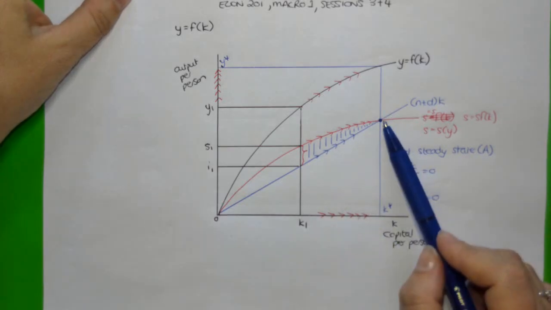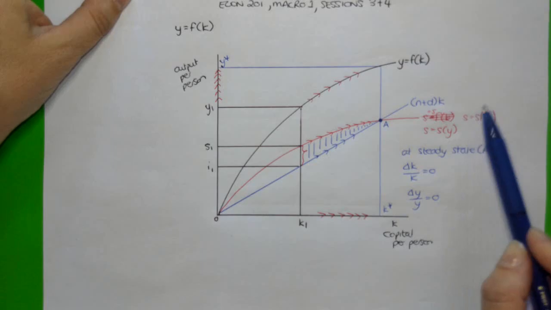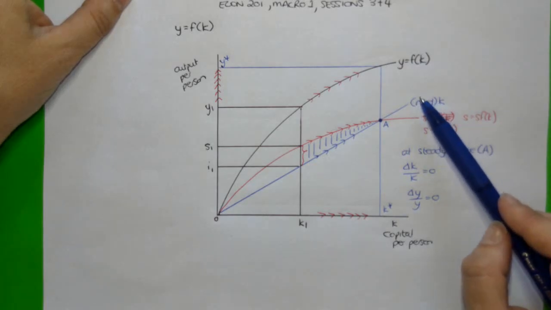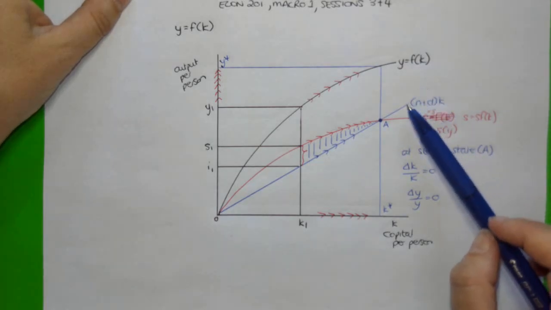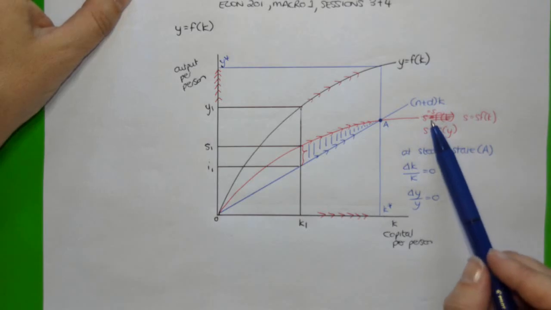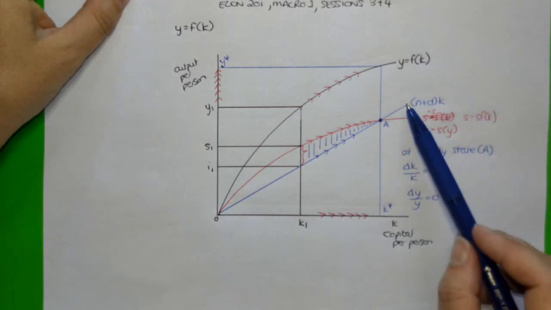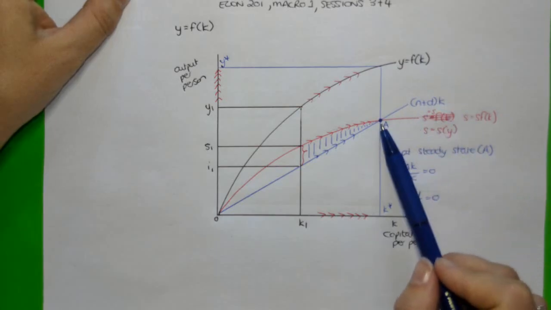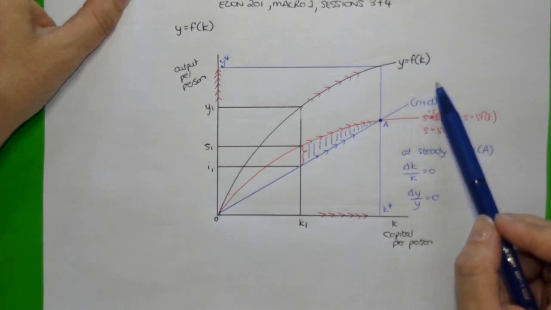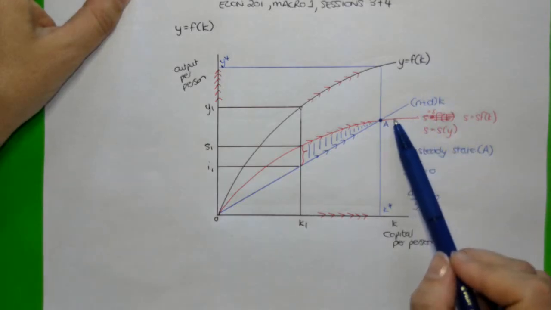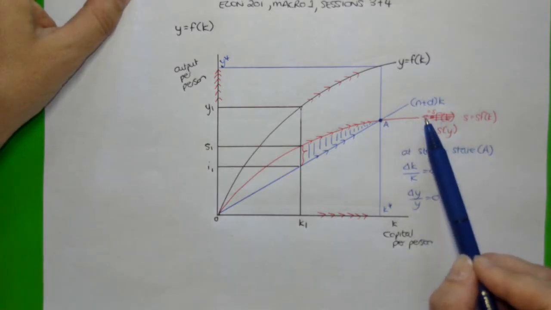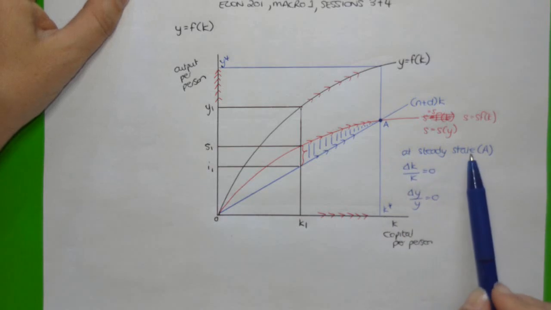At capital to labor ratios above K star, the investment requirement line is going to be greater, or lie above, the savings function. And so what I would like you to think about is how you could then explain the movement back towards the steady state that would happen if the amount of investment required exceeds the amount of savings being generated at these higher capital to labor ratios.